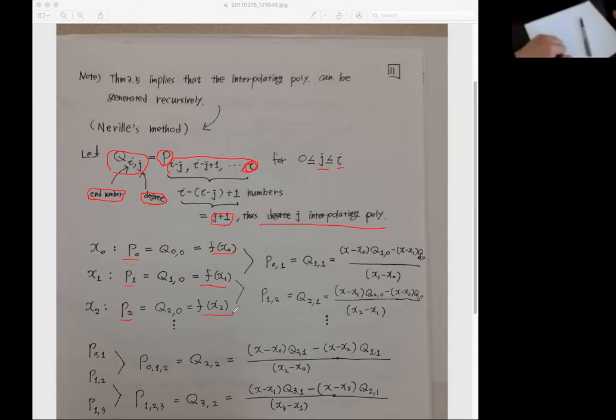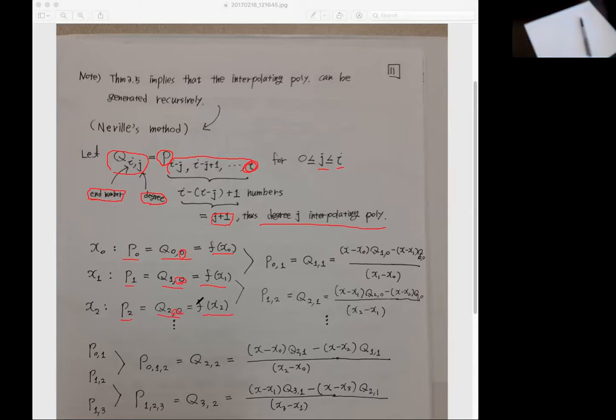And then we can express P0, P1, P2 as Q00, Q10, and Q20. Keep in mind the second subindex in a Q means degree. That's why in all of these Q expressions, the degree here is 0.